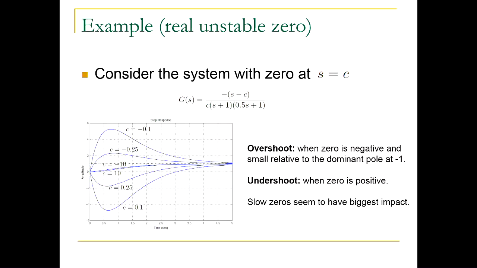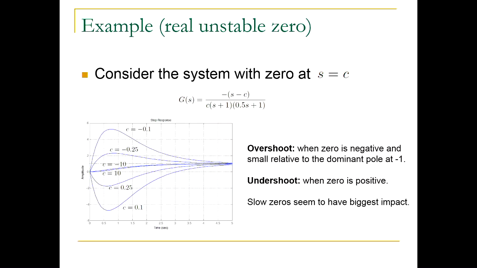So what can we now observe in this example? Well, if c is positive and larger, basically responses move in this direction. When c is smaller, responses move in that direction. And what is this? Well, this is the amount of undershoot.